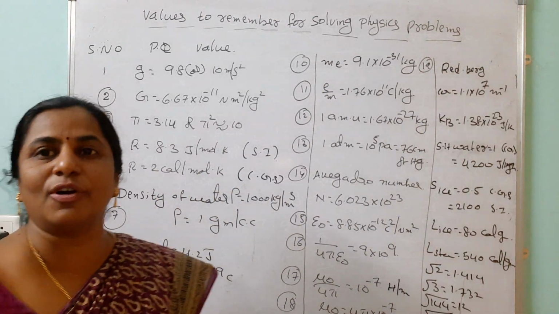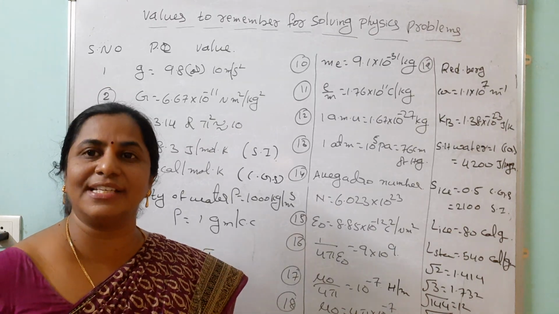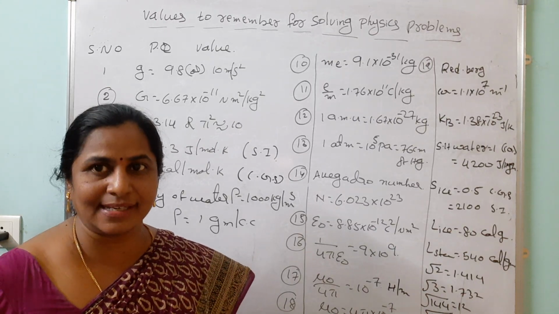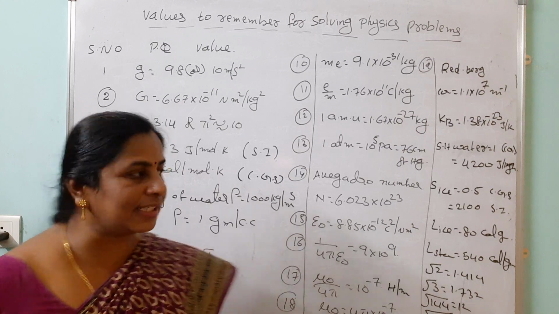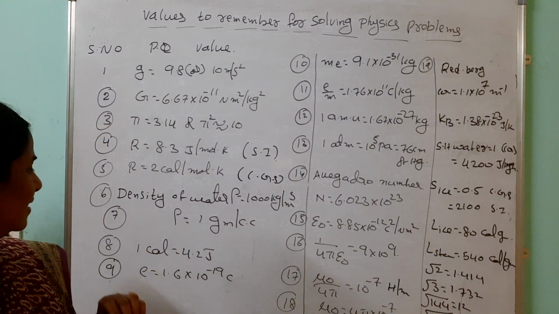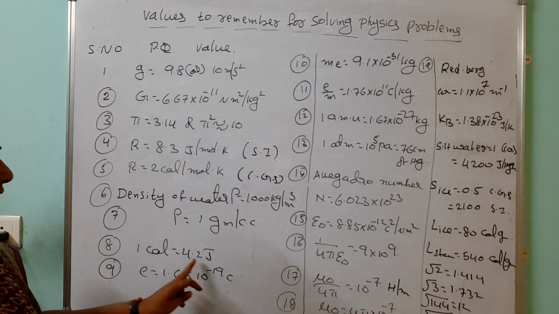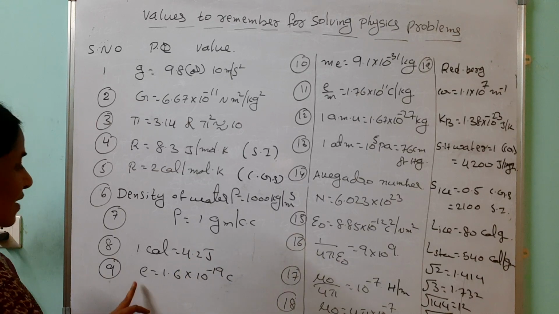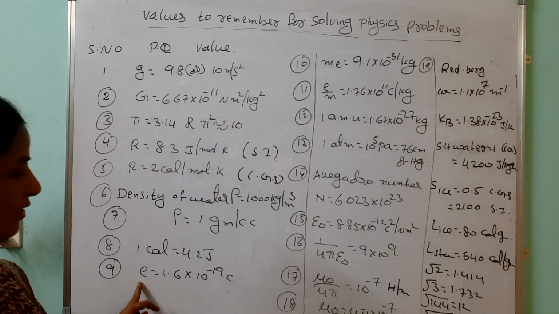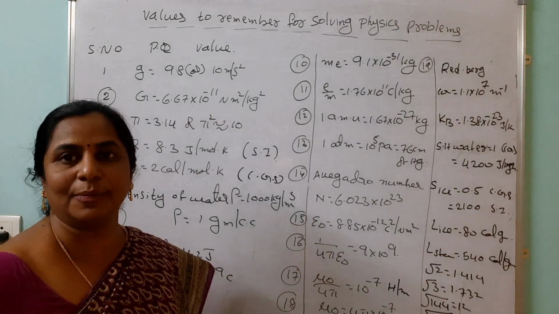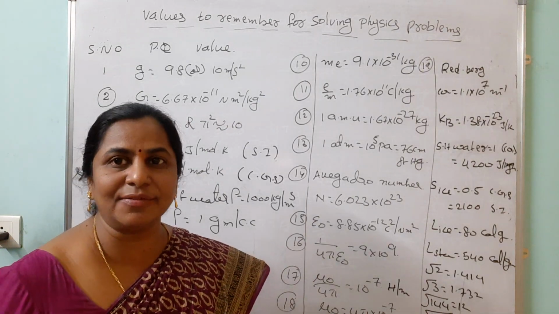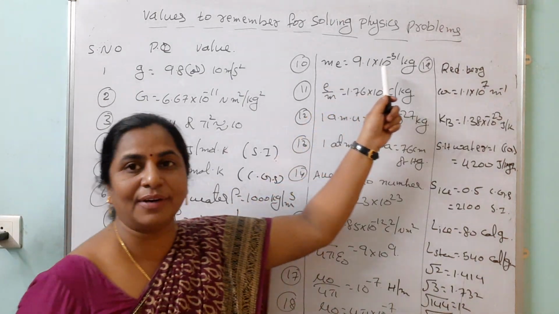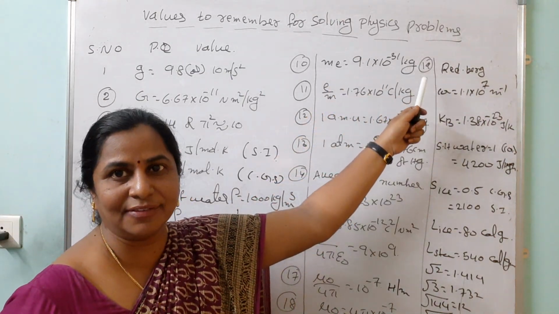See, the density of water you should remember as 1000 kg per meter cube in the SI system, but in the CGS system it is 1 gram per cc. Like that, you remember 1 calorie equals 4.2 joules, and many people don't know the charge of the electron. e equals 1.6 into 10 to the power of minus 19, and the mass of the electron is how much? 9.1 into 10 to the power of minus 31 kg.